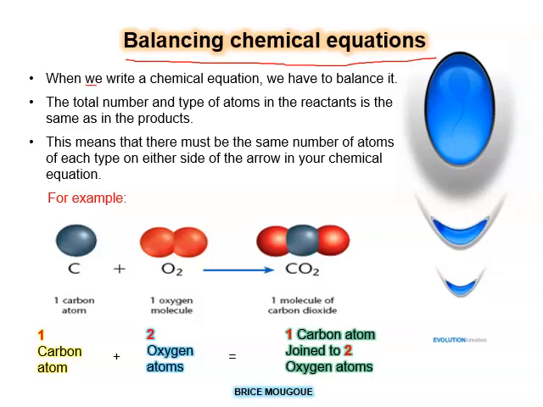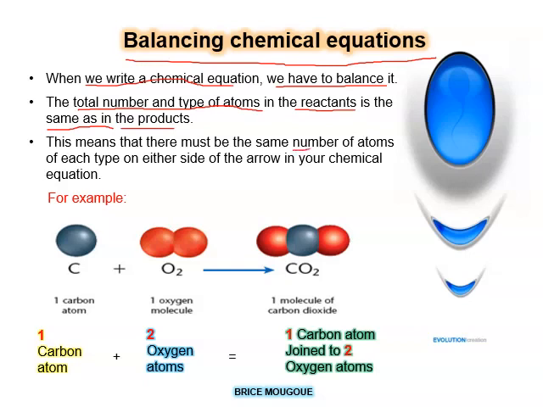So when we write a chemical equation, we have to balance it to make sure that every atom is accounted for. Hence, it means that the total number and types of atoms in the reactants must be the same as the total number of atoms and types in the products. Everything must be accounted for.